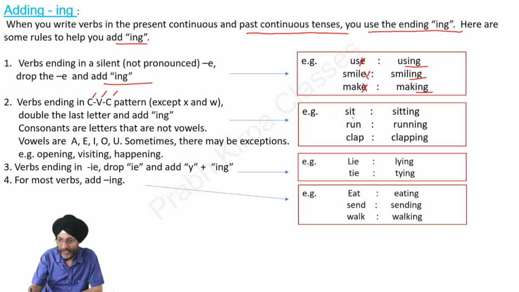Here you will start from the last. T is a consonant, I is a vowel, S is also a consonant. In case of run, N is a consonant, U is a vowel, R is a consonant. In the case of clap, P is a consonant, A is a vowel, L is a consonant.